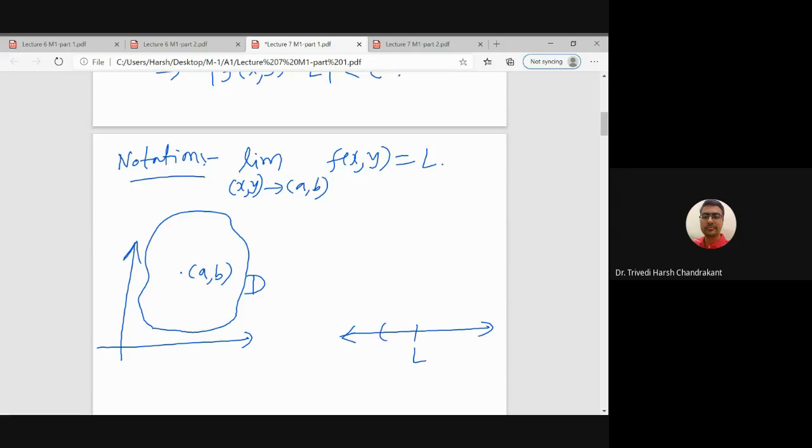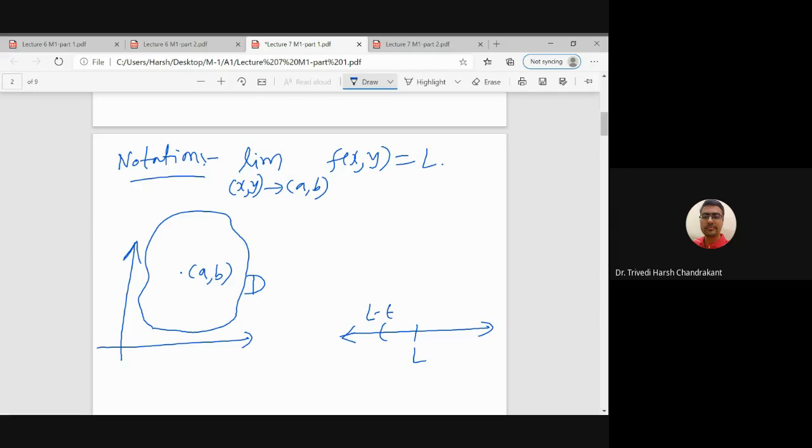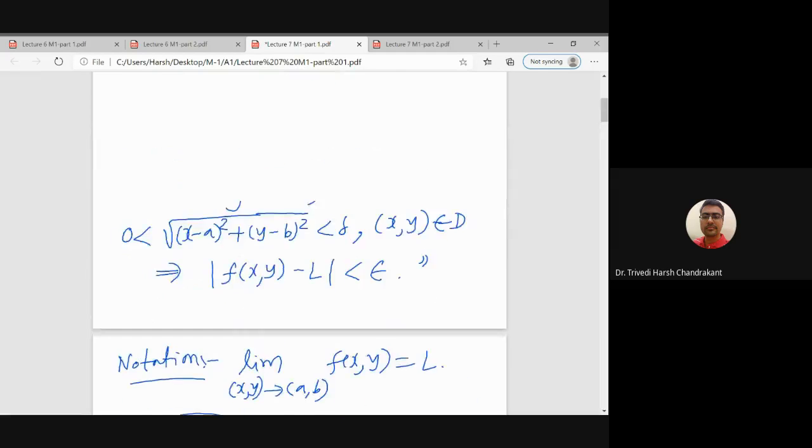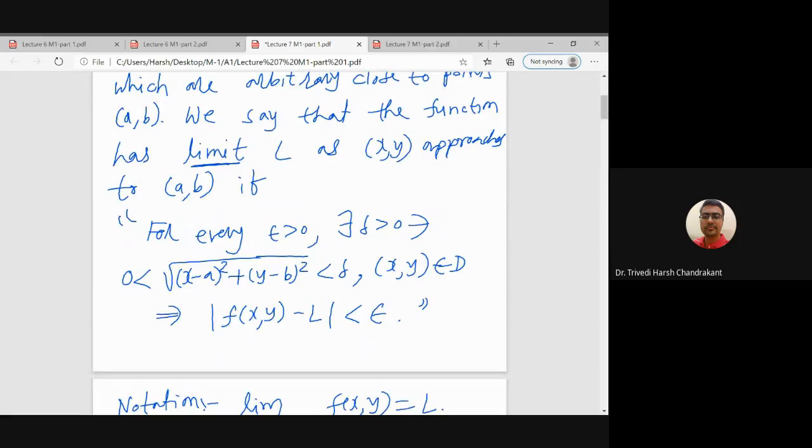Whenever we take an epsilon neighborhood around L, whatever epsilon we choose, we need to find a delta such that square root of (x minus a) squared plus (y minus b) squared is less than delta. We know that is the equation of a circle, and we are taking the inside of the circle because we are taking less than delta.